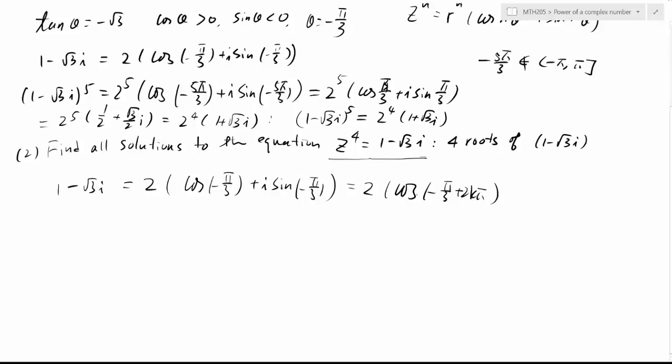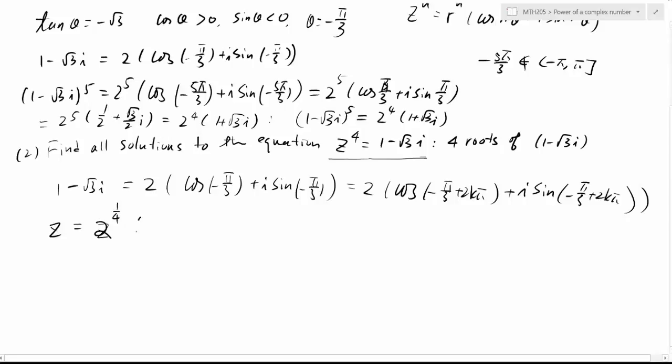We know cosine is a periodic function of 2 pi, so if we add 2k pi to this, it will not change its value. And sine also, negative pi over 3 plus 2k pi. And that's how we find all the roots. And then z is going to be equal to, we have the formula, so it's going to be 2 to the power 1/4.